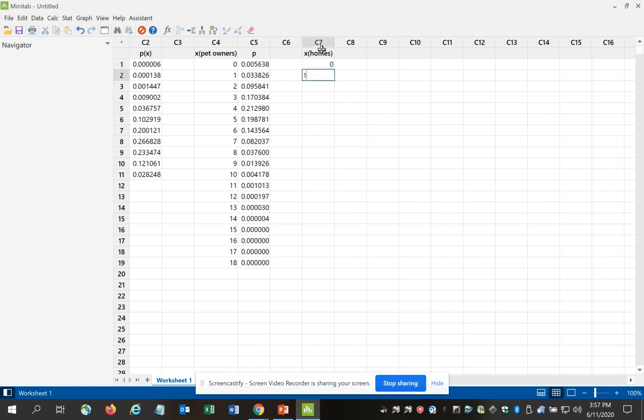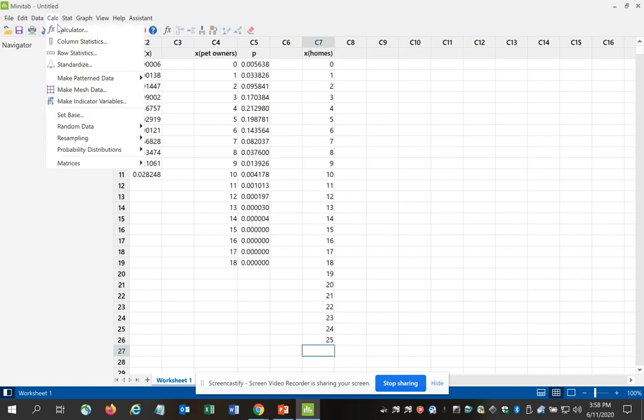So we have 0, 1, 2, and we go all the way up to 25, because that was how many were in our sample. Once you get those entered, we're ready to calculate.